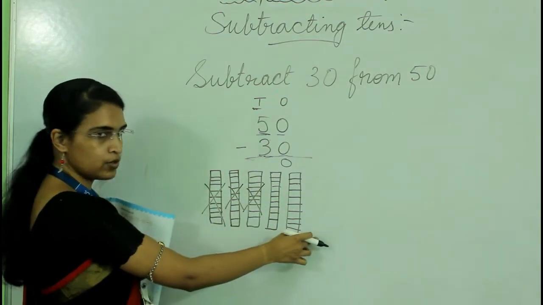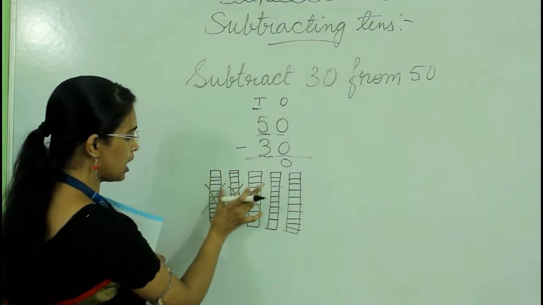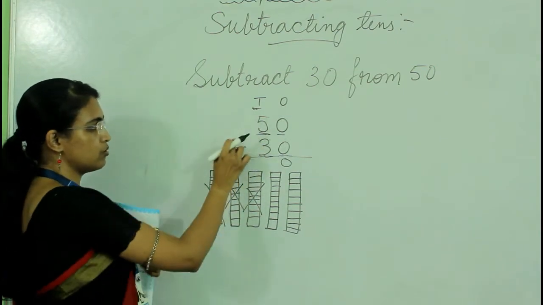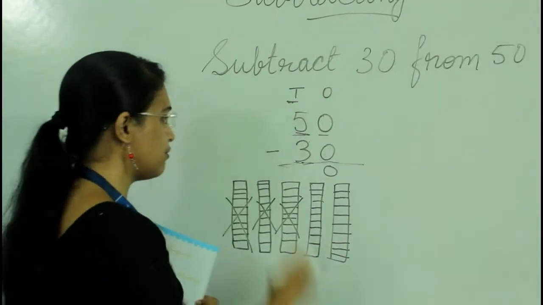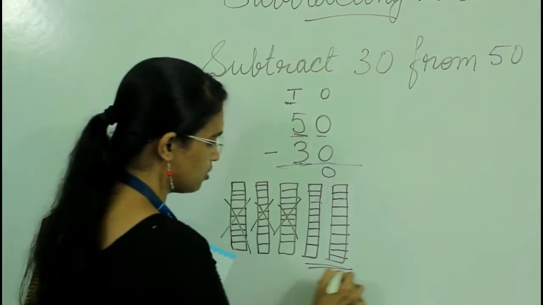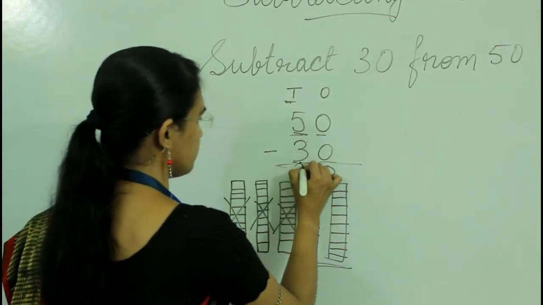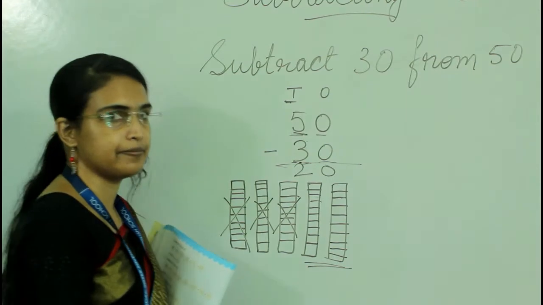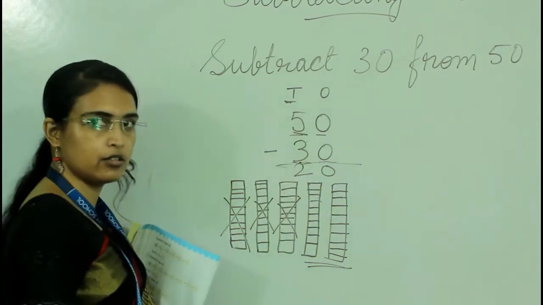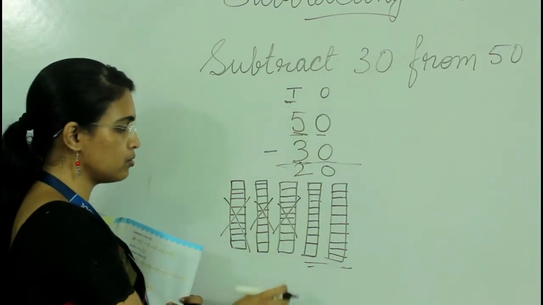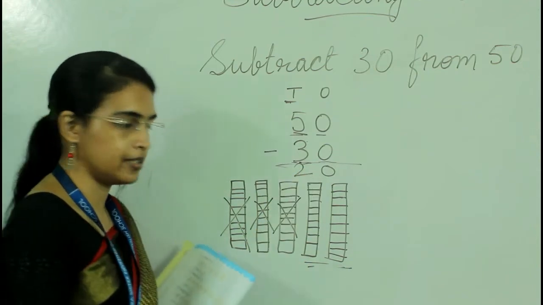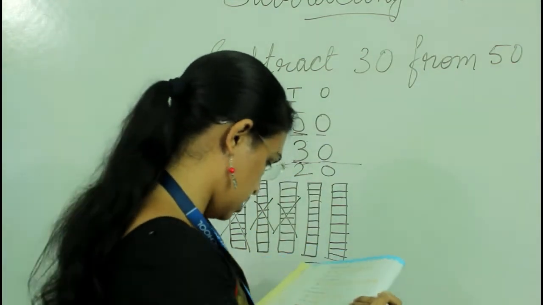We have 5 groups. From there we cut 3 groups. So how many are left? 2 groups. So that means 20. We write 2 because we have 2 groups. So the answer is 20.